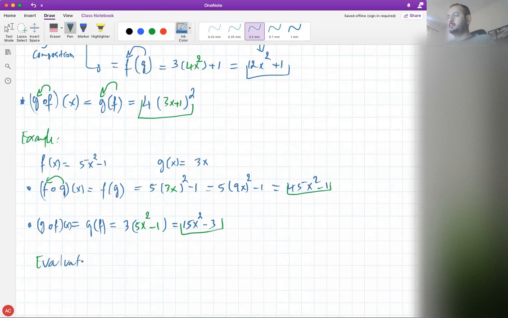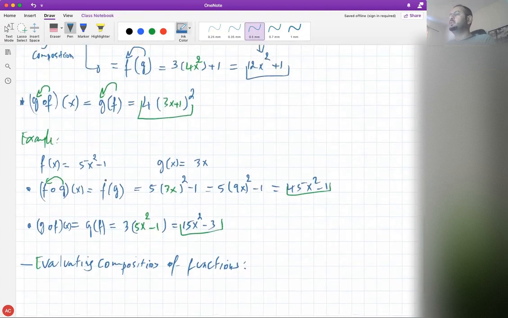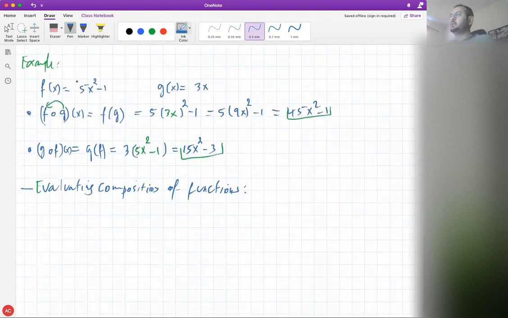Evaluating composition of functions. Just as simple, except there are a lot of tricks you have to be careful with. Let's work with the same function. So instead of x here, let me put a specific value.